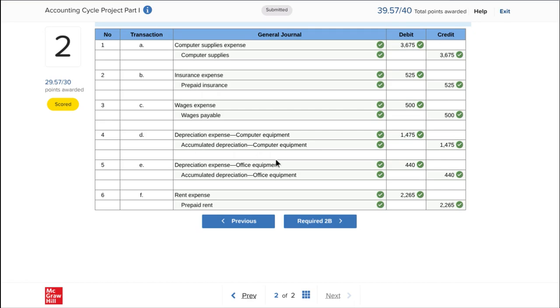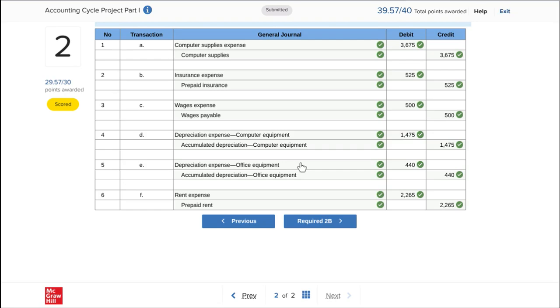And then this next one, recording the office equipment depreciation, was done the same way. Cost of $8,800 divided by 5 years of useful life equals $1,760, and then I divided it by 12 for the 12 months in a year, and that equaled $146.67 per month.